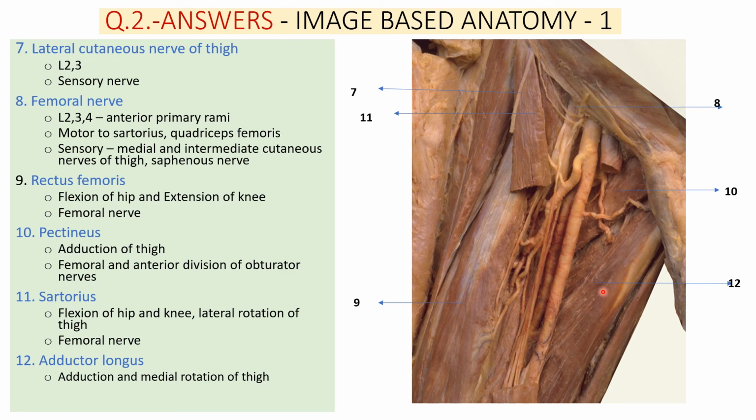It's both adductor and medial rotator of thigh, that is its action, and it is supplied by anterior division of the obturator nerve. So that is about the image based question 1 in anatomy, where there are 2 parts of the question and we have answered them. Hope this is useful to all of you.